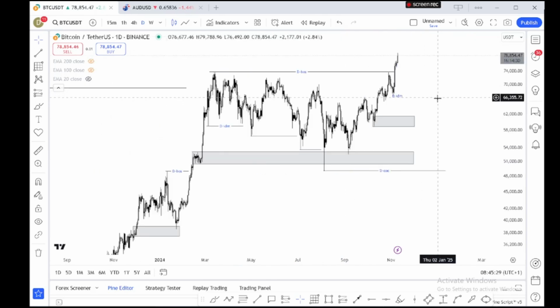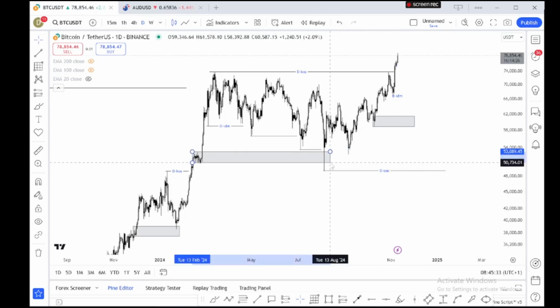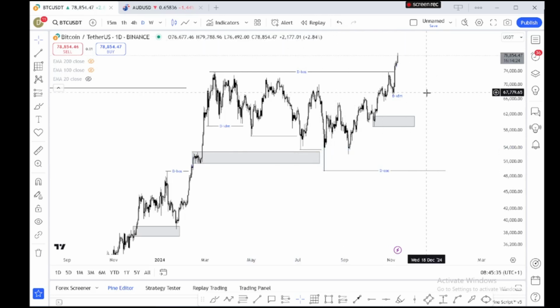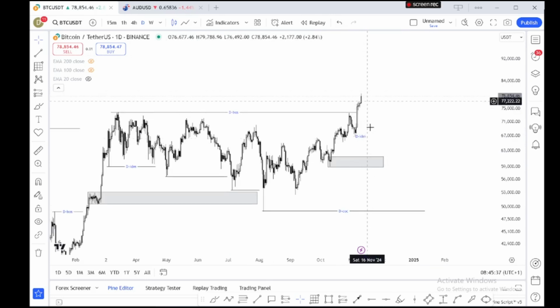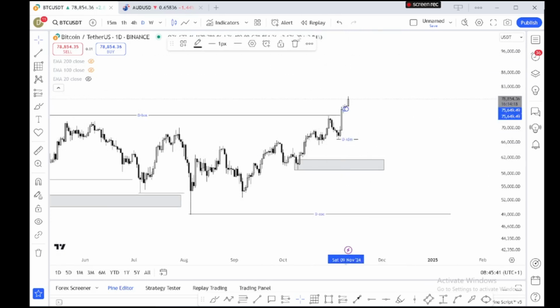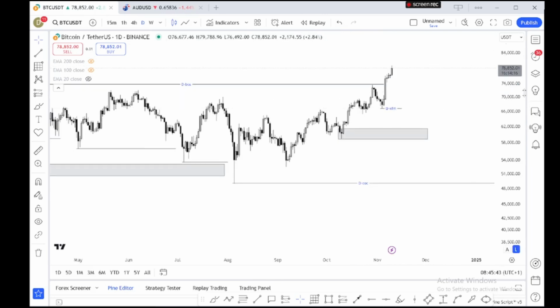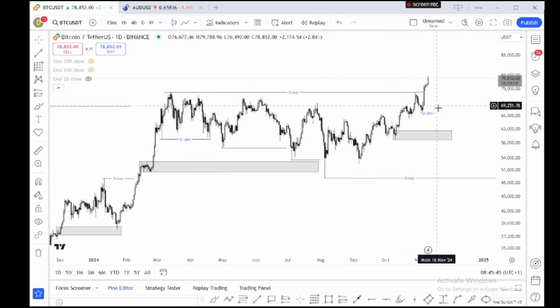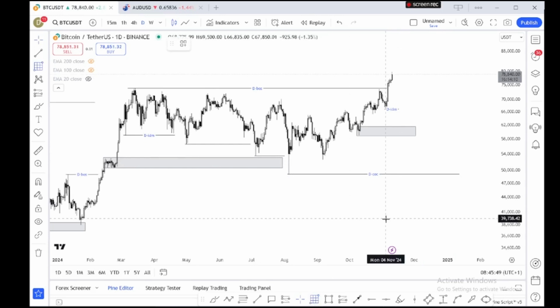And you see, I've already positioned myself for the next available opportunity on Bitcoin. If Bitcoin eventually pulls back to this level in the daily time frame, I will be looking for a buy, because there is no POI below, everywhere has been mitigated.